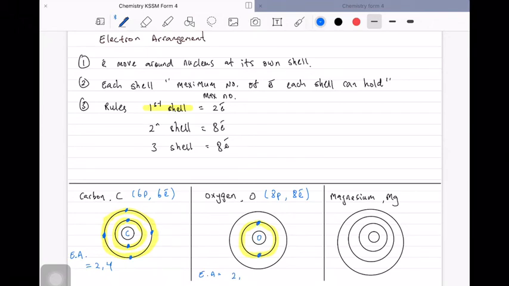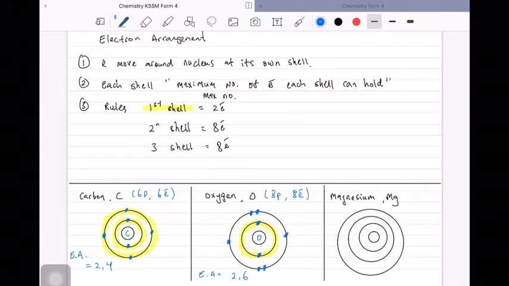How many electrons remain? Another 6. The 6 electrons will fill up the second shell, because the second shell can hold 8 electrons. So this is the electron arrangement for the oxygen atom.